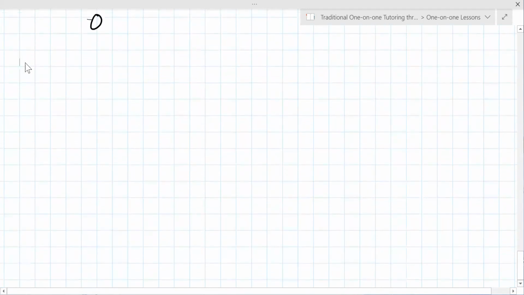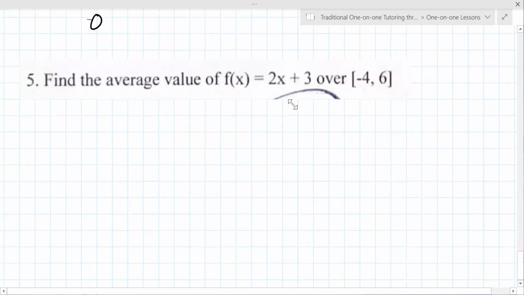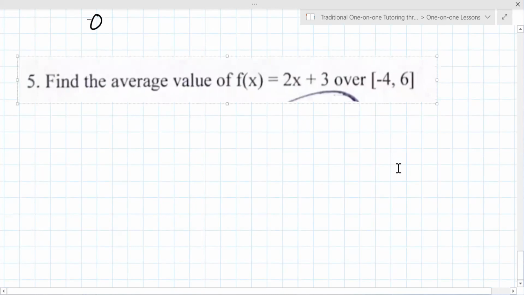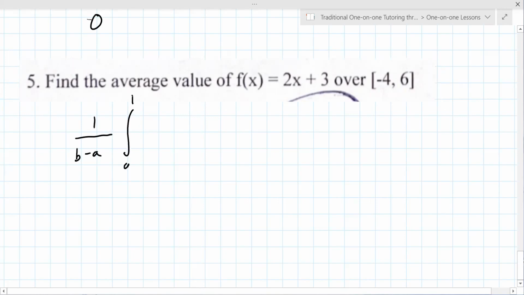Okay. So here is the next problem on your quiz. The average value is always 1 over b minus a, the integral from a to b, f of x dx.